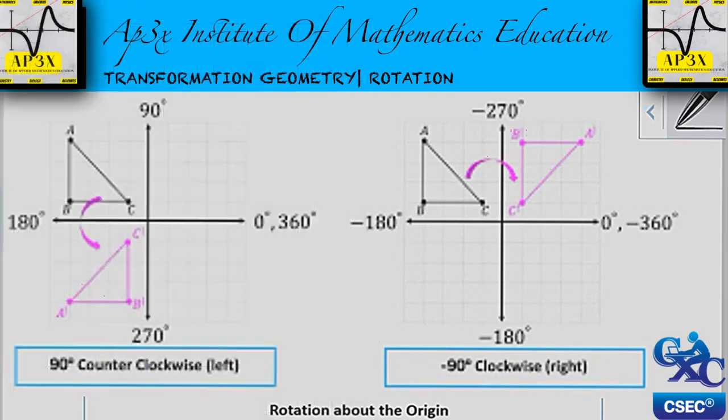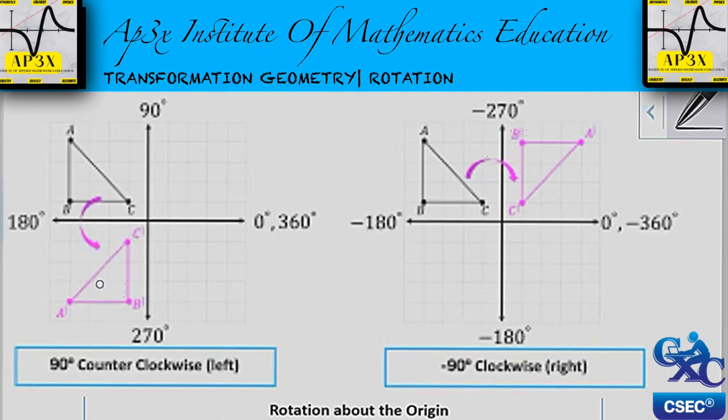Now, a very, very important piece of information that you're going to need later on, when I introduce the formula for rotation or how to derive the rotational matrix, is understanding that you can get to a particular position on the graph not just by moving in one direction, but you can alter the degree to get to that same position. What do I mean by that? Let's say that I'm here at ABC, and I got to this pink triangle by moving 90 degrees counterclockwise.